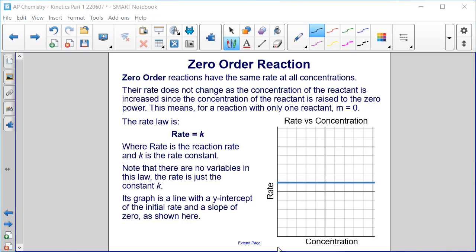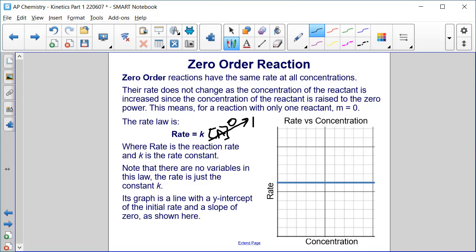The rate law then would just be rate is equal to k, because, just mathematically, if I had this reactant A raised to the zero power, because it's a zero order reaction, anything raised to a zero power simply reduces to 1. So it isn't included in the rate law expression.